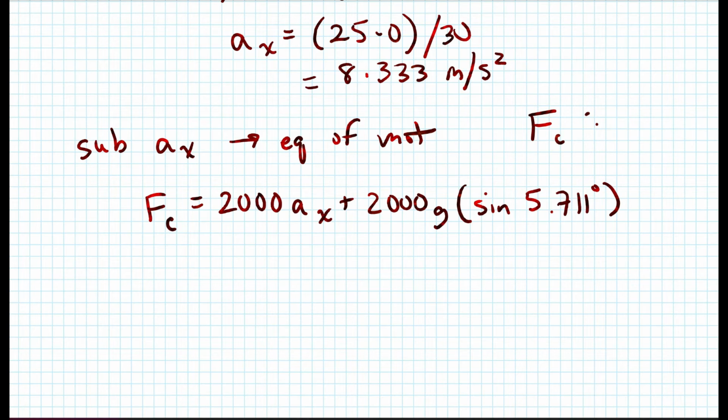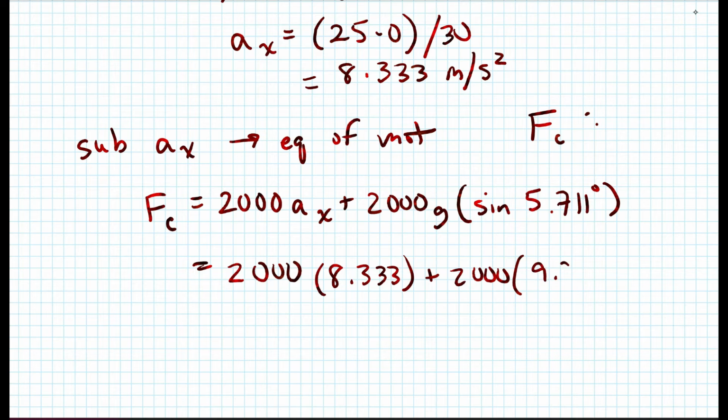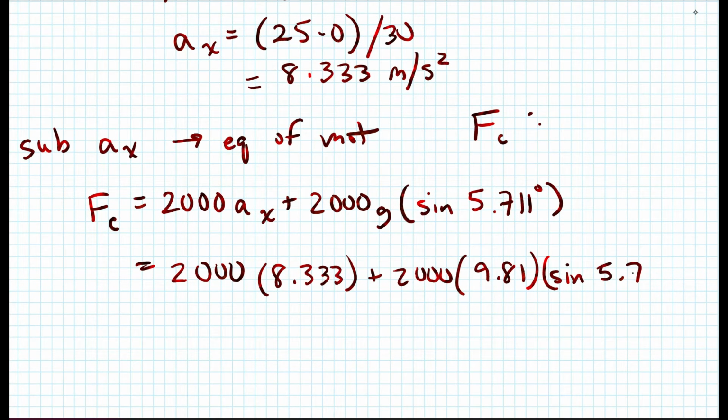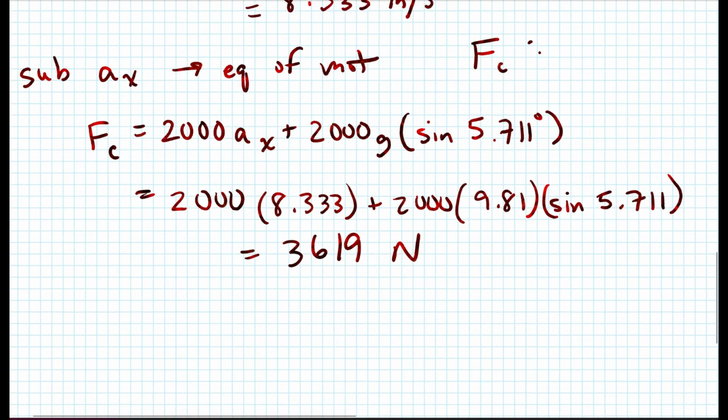So we have 2,000 times 8.333 plus 2,000 times 9.81 times the sine of 5.711, and that is equal to 3,619 newtons.